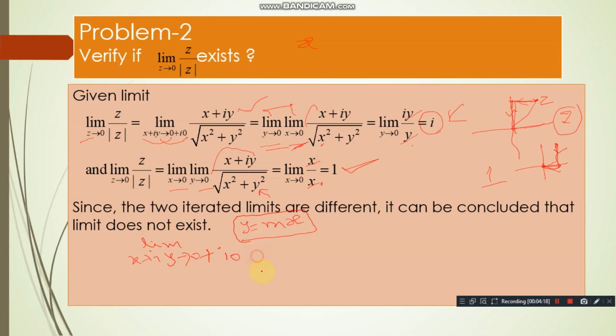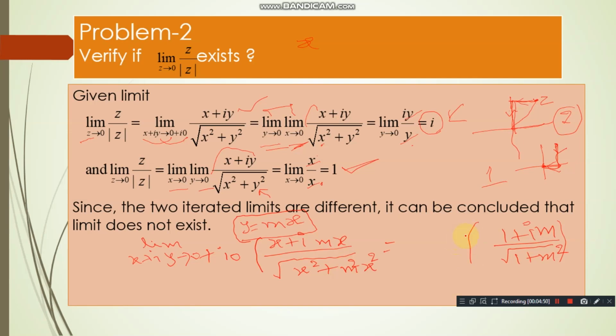So here x plus iy is nothing but x plus i mx, and under the square root, x square plus y square is nothing but m square x square plus x square. Now what is the simplified form? The simplified form you will get is 1 plus im by square root of 1 plus m square, as the x will get cancelled.